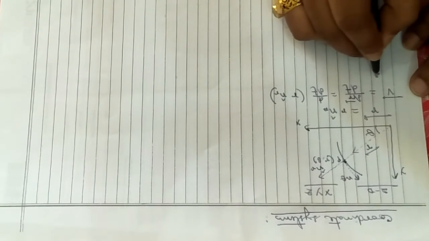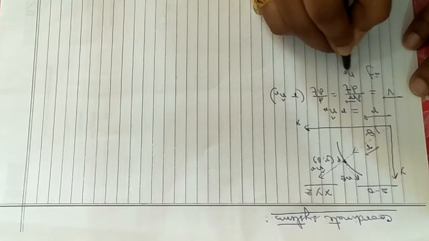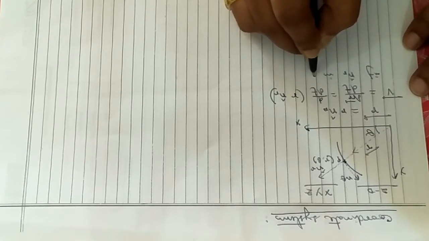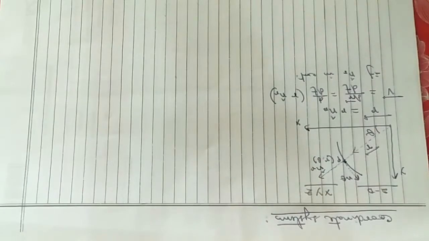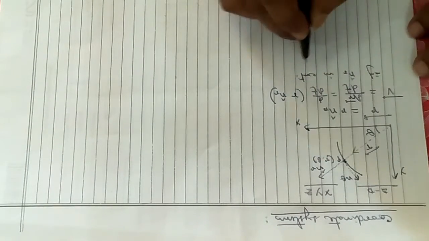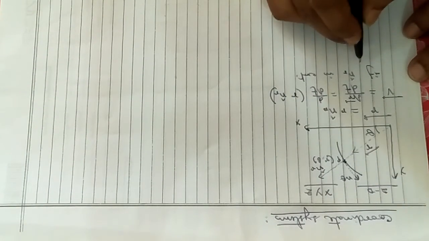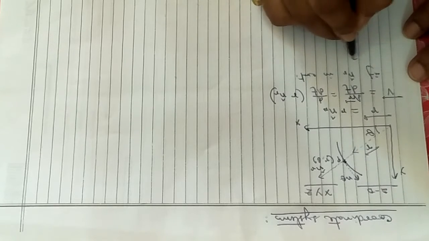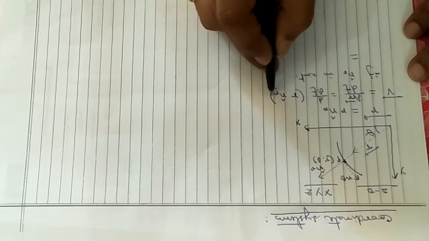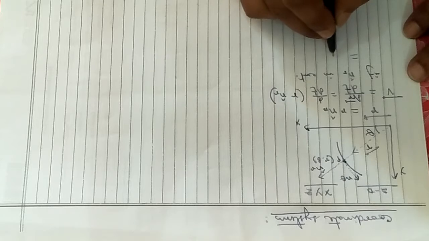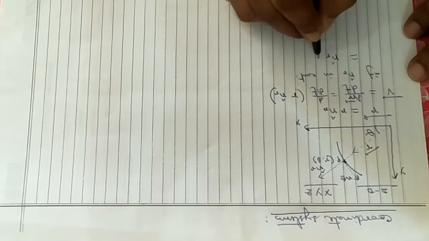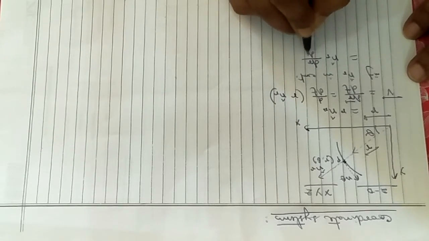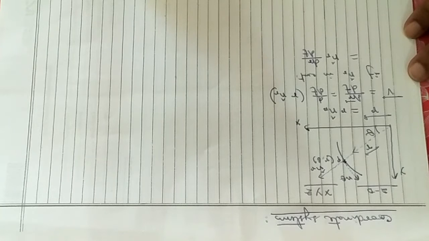If the unit vector nr cap is constant, that means the radial vector is not changing its direction, then only you can derive it in this form: v will be equal to, since this is constant, nr cap into dr/dt, as simple as that.